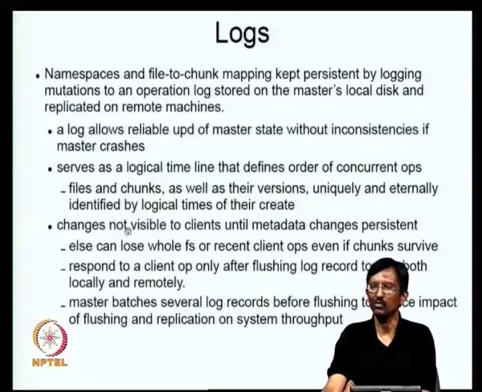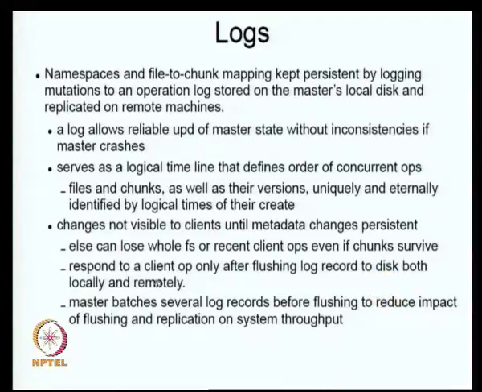That is the reason why they have a strict rule that changes should not be visible to clients until metadata changes become persistent. And we respond to a client operation only after flushing the log record to disk both locally and remotely. These are time-consuming operations, so it is a problem. That is why checkpointing and other methods help a bit. Essentially, the latency is limited by how fast you can log records to disk both locally and remotely, so it is not going to be insignificant.